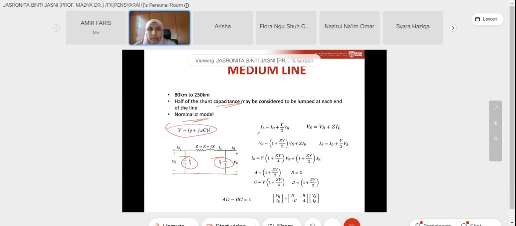From here, we can get all the equations. For this one, AD minus BC equals 1.